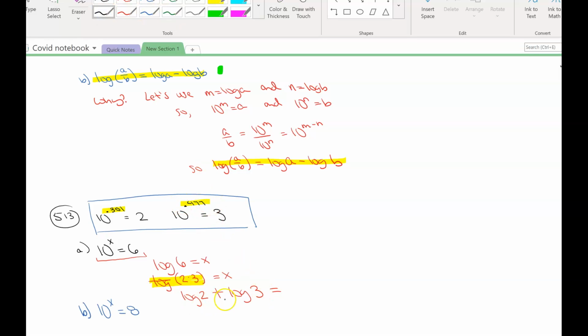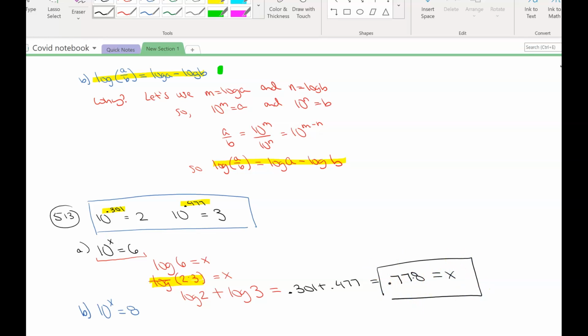So log 2 plus log 3 is 0.301 plus 0.477, which equals 0.778. And I have just solved for x.